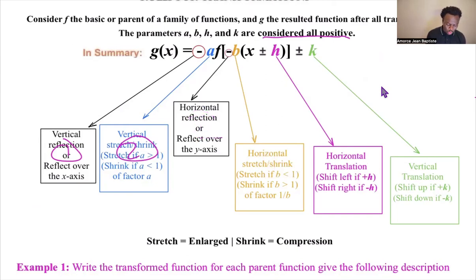So you will be able to identify, what did we throw into this function? Is it an A? Is it B? Is it H? Is it K? Is it A with a plus or A with a minus? B with a plus or minus, plus or minus H, plus or minus K, and then you would identify which of these transformations they correspond to.